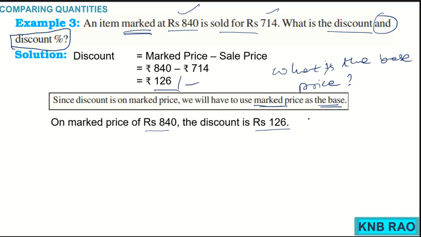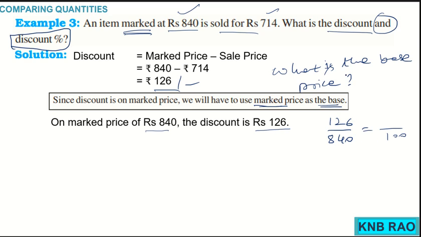Now, we will go for the unitary method. 126 out of 840 is the discount fraction. Now, what would be the discount percentage out of 100? Percentage is just calculated out of 100, isn't it?